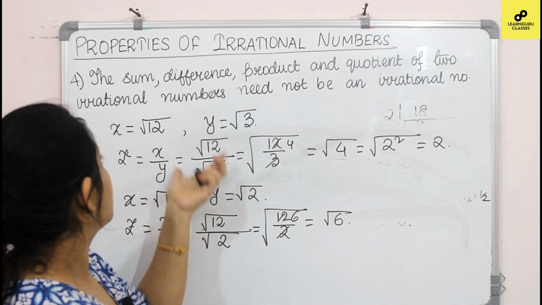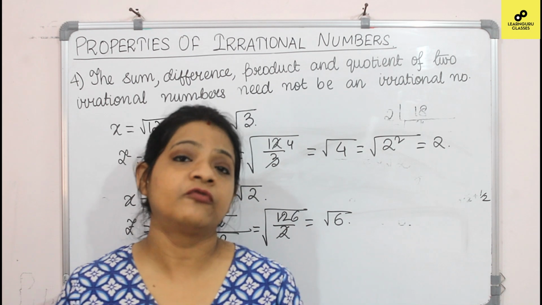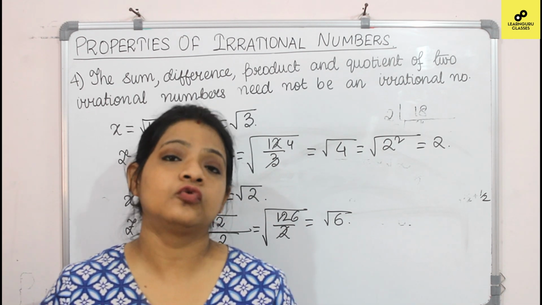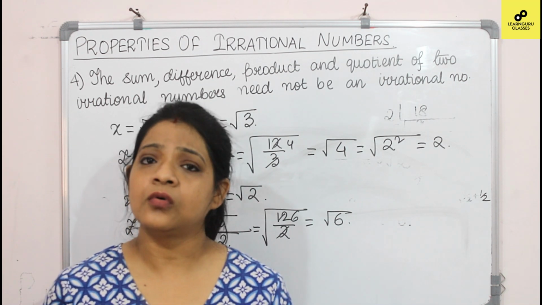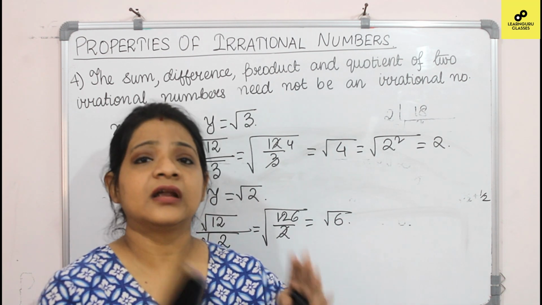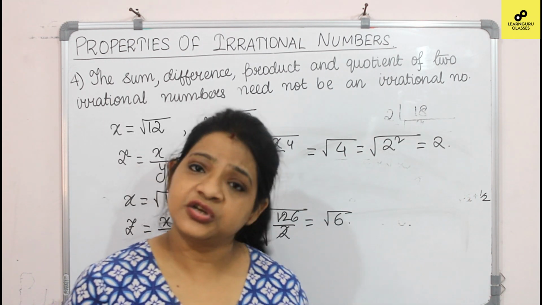And for the product, in sums where you have similar roots, suppose root 2 into root 2 or root 3 into root 3, it will also give you a perfect square, that is, the root will be removed and ultimately you will get a rational number.